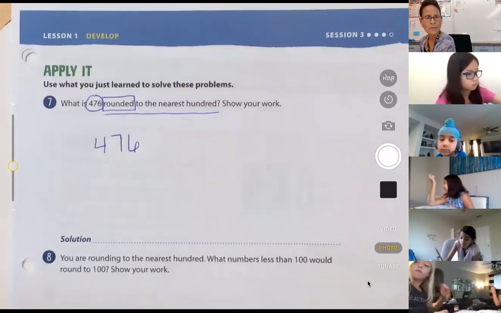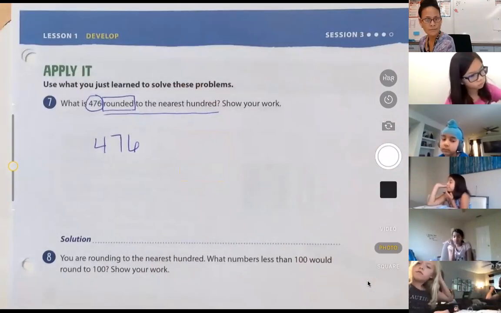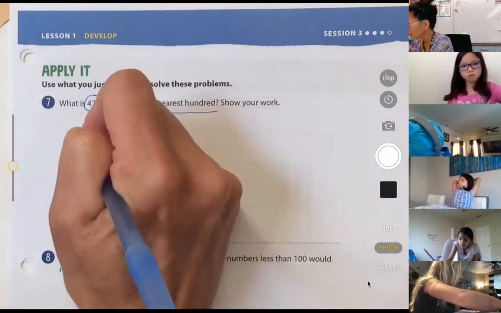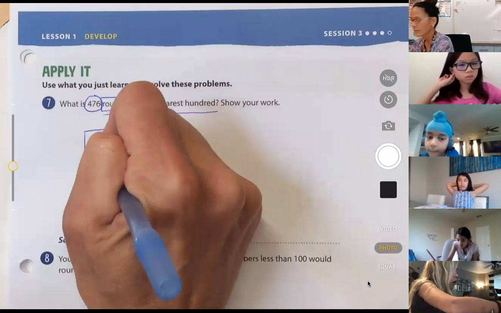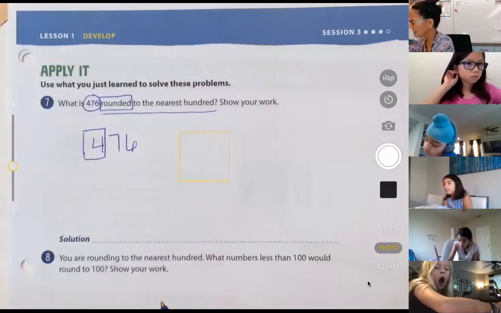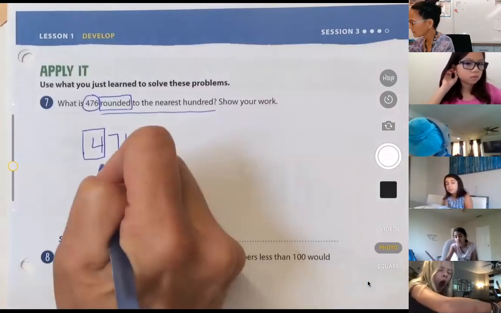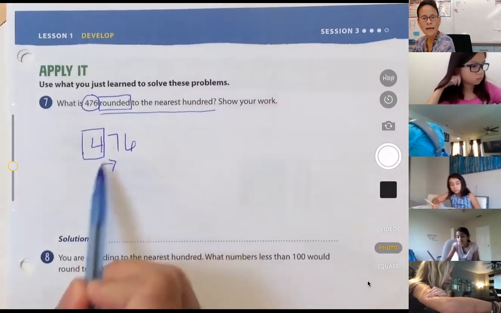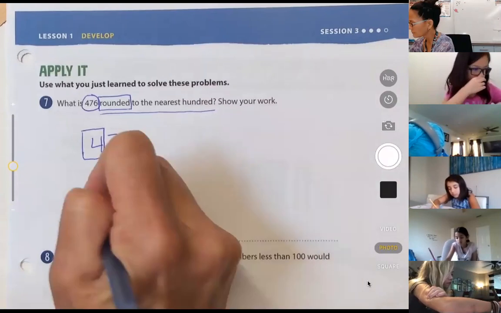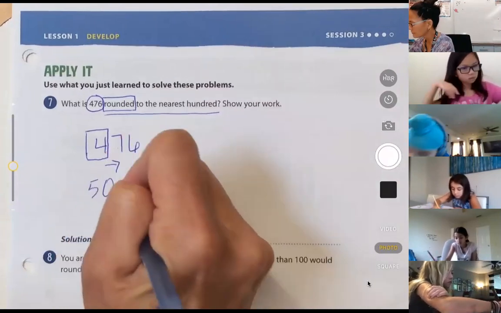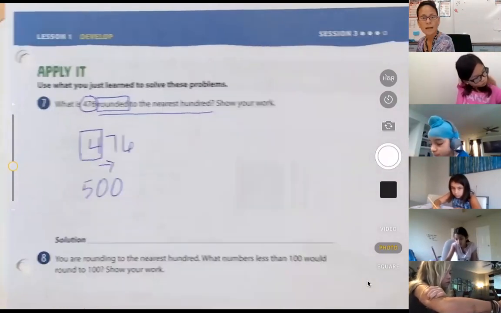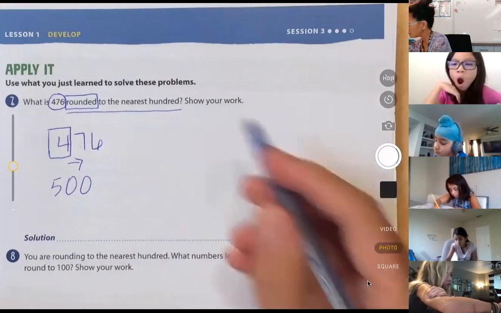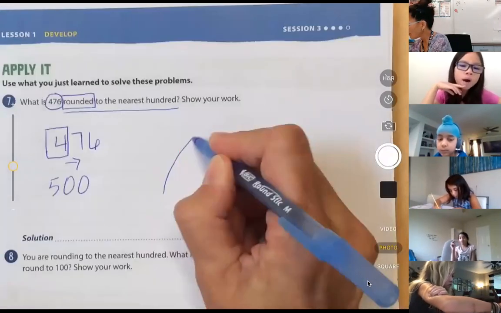476 rounded to the nearest 100. I am going to identify my place. I am going to look next door. If it's 5 or bigger, I'm adding one more. I could also use a strategy such as my hill. I could draw my hill.